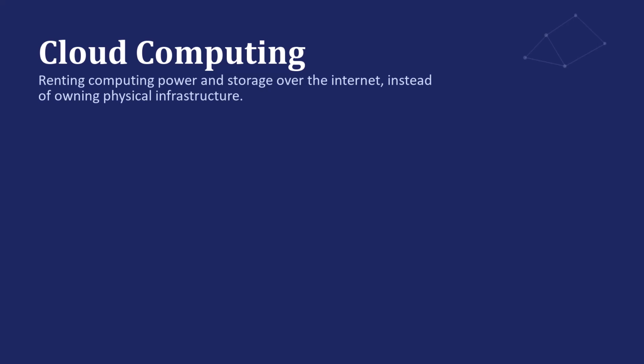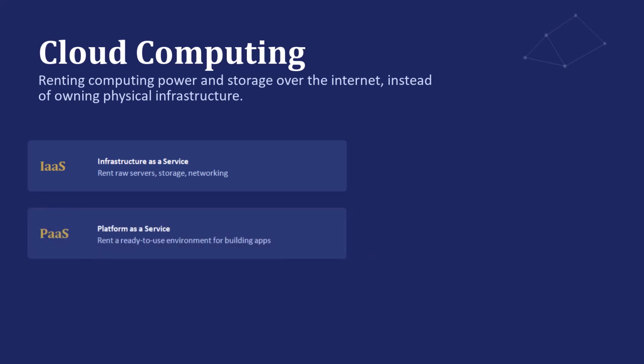Let's go deeper on one pillar that underpins most of modern IT, the cloud. Cloud computing means renting computing power and storage over the internet, instead of buying and owning physical infrastructure yourself. There are 3 common service models worth knowing. Infrastructure as a service, or IaaS, is the most hands-on option. You rent raw servers, storage, and networking, and you're responsible for everything you build on top of them.